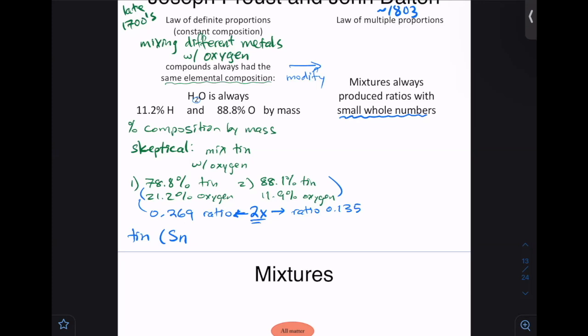Yes, question. How did I get the 0.269 ratio? If you take 21.2 and divide it by 78.8, you should get 0.269. I think. I brought my calculator. That's what my notes say. 21.2 divided by 78.8. Yep, 0.269. So that's a great example.